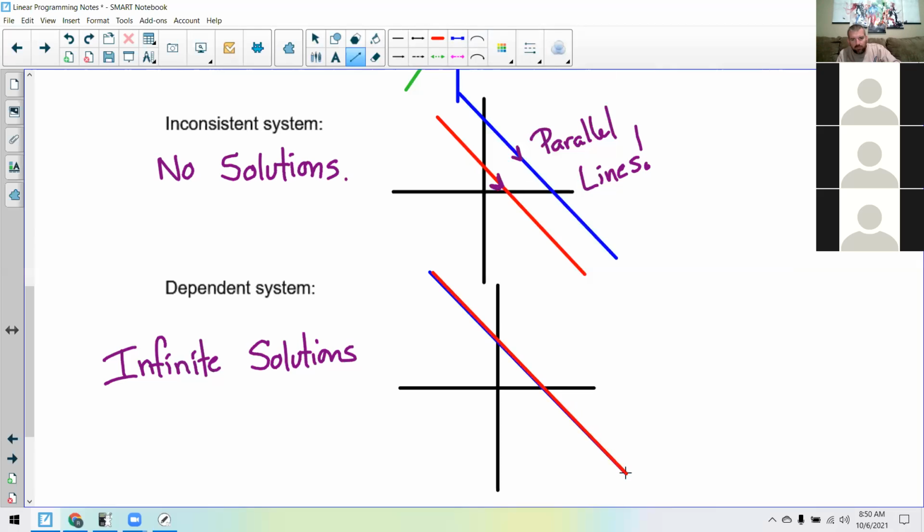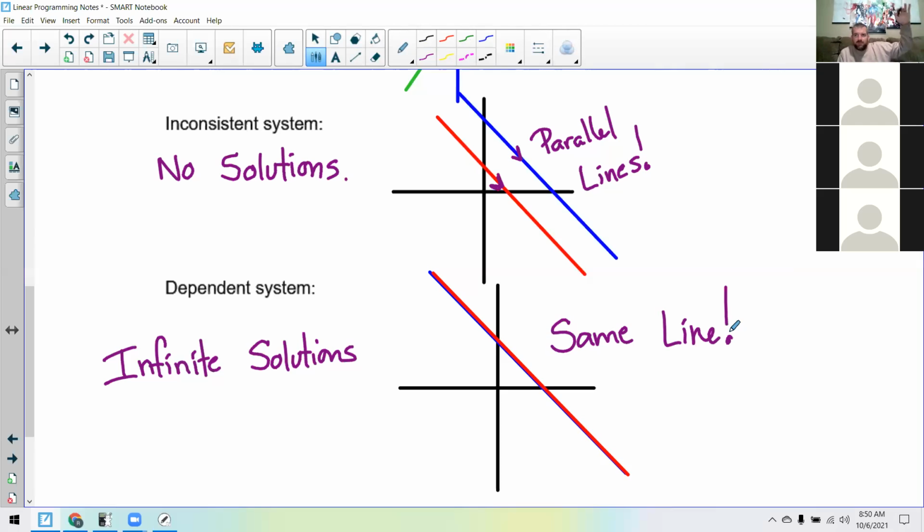I'm trying to make it so you can still see both lines, but they're the same line. So every coordinate on the first line is also on the second.